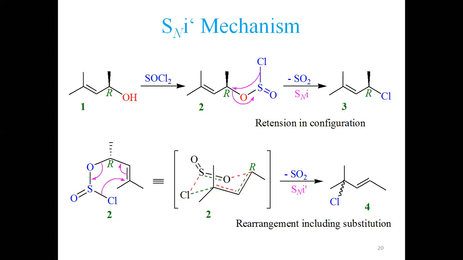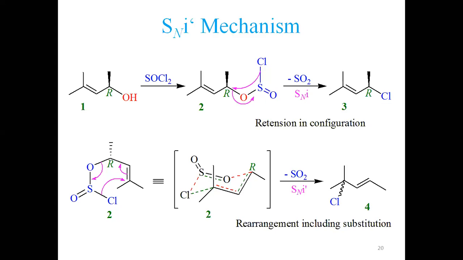It follows an entirely different mechanism. If it has a primary carbon where the leaving group is present, it can follow SN2 competing with SN2 prime. If it is following SN1, it shall compete with SN1 prime mechanism in fact. So this is what we have come across.